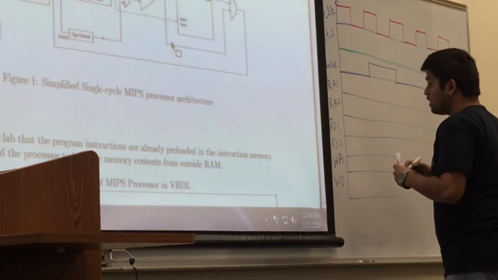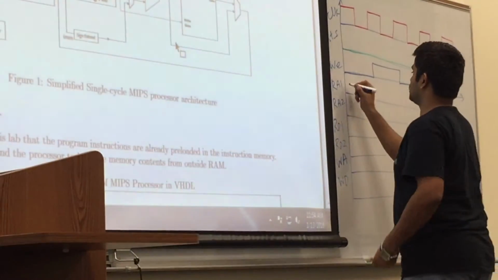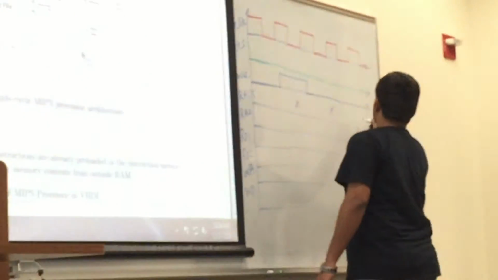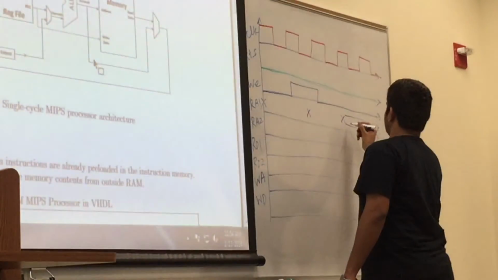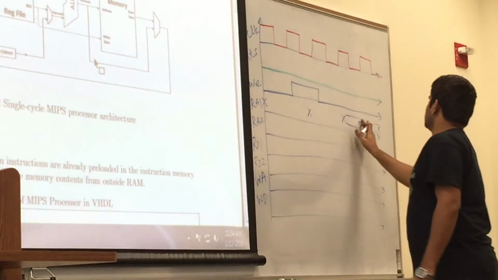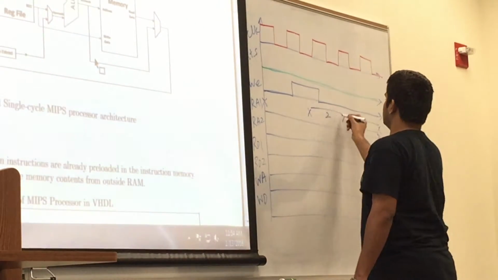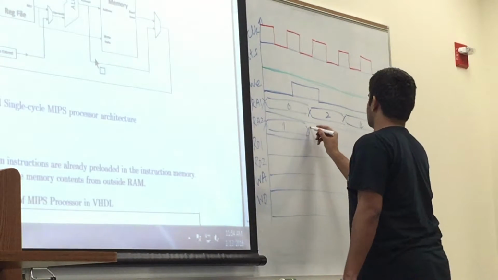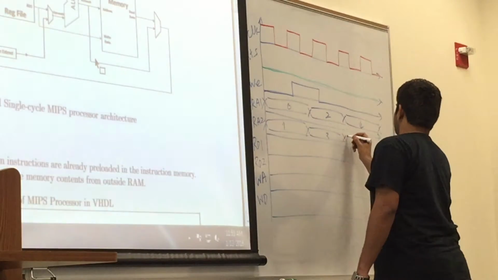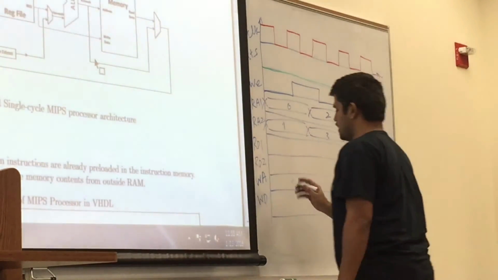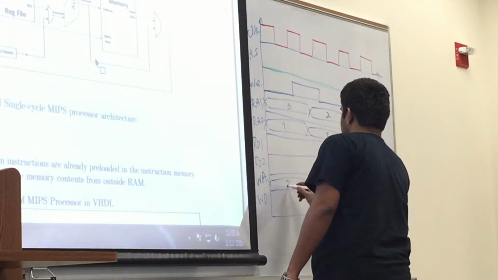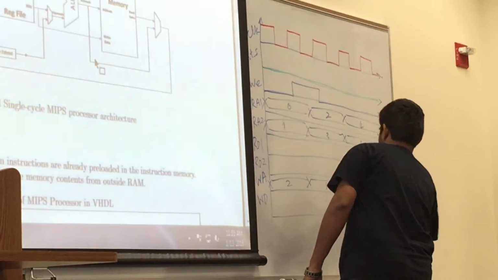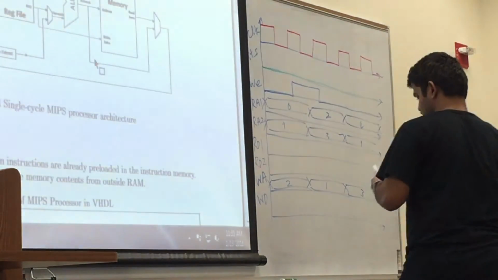Then we have read address 1: 5, 4, 2, 0, then 1, 3, 1. And write address as 2, 1, 3.